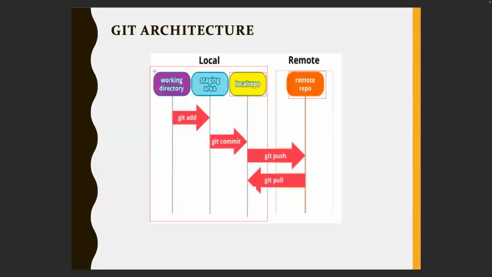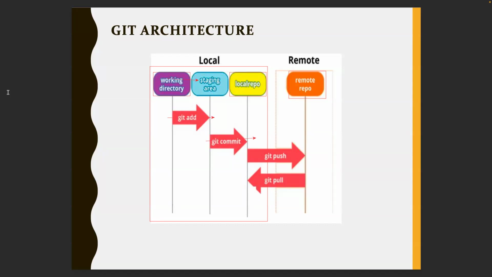Like I told you, you don't directly work on local, rather you work on some other working directory. You make your changes here, and once you make the changes, you cannot directly push them to local. You have to move them to the staging area, from working directory to staging area, and from staging area to local repository.